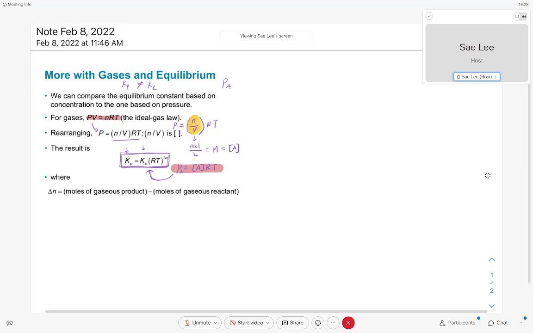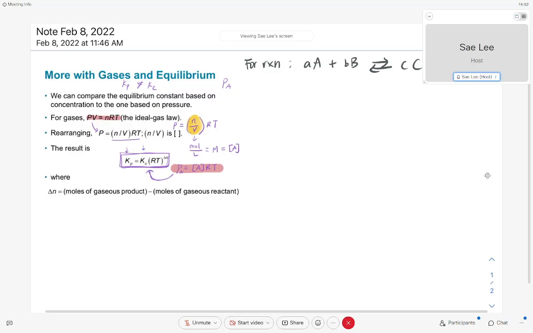So let's say you have an equation. The capital letters A, B, C, D are the substances. A and B are reactants, C and D are products.